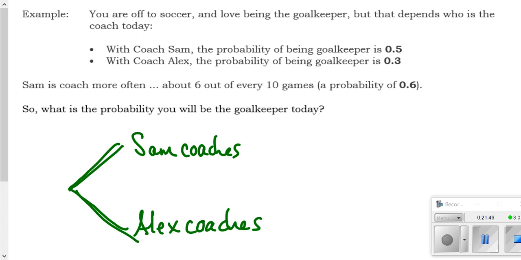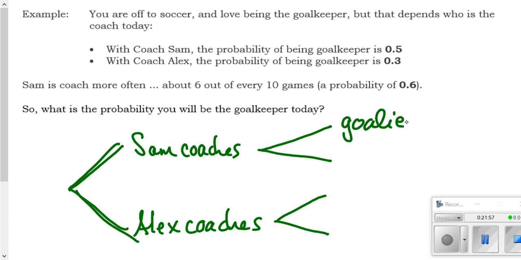Then there's going to be another tier of branches. It's going to again have two outcomes from each entry point, and it's a matter of whether I get to be goalie or not. If there were more options, like my being goalie or midfielder or something else, I'd have more than two branches, but this is really just a two-decision thing, goalie, not goalie, okay?